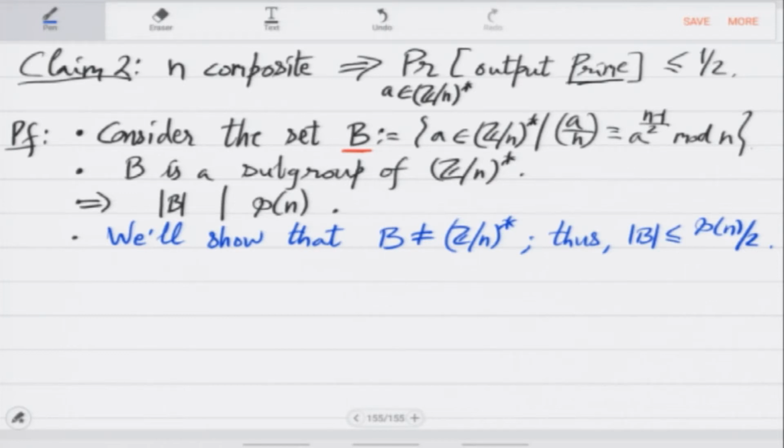That will finish the proof. The size of B cannot exceed half of n. So bad a's are few. How do you show that B is not Zn star? The idea is Chinese remaindering.